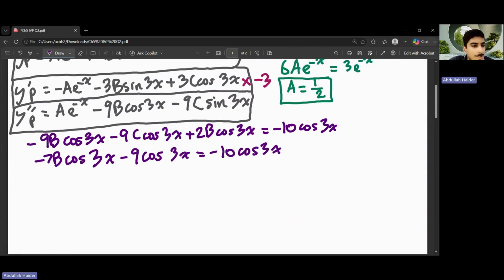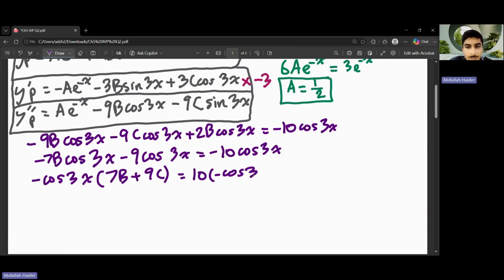So you can factor out minus cosine 3x from both sides. Minus cosine 3x, factor them out, you'll get 7b plus 9c is equal to 10 negative cosine 3x.